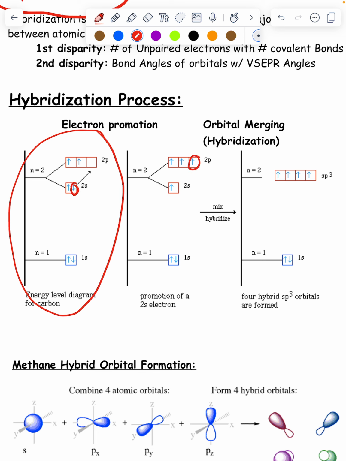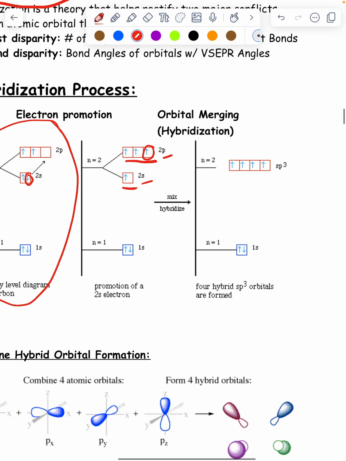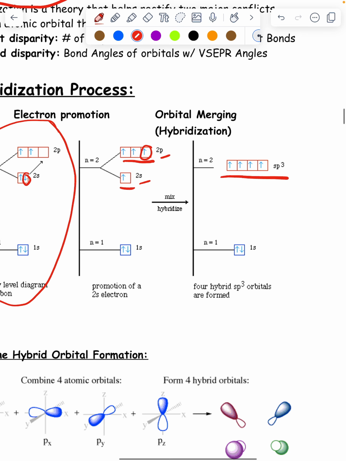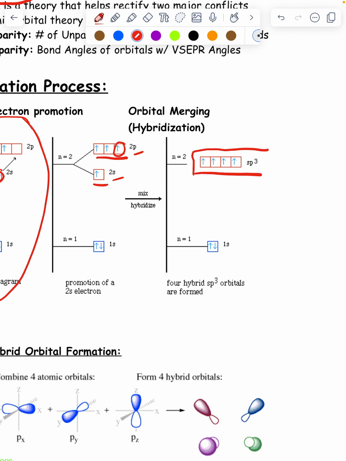And so now that gives us the 4 unpaired electrons that we associate with carbon when it's bonding, that it typically forms 4 bonds. And then the s orbital and the p orbitals can mix together to create up to 4 even orbitals. And these orbitals here, you can see, are shown having all the same energy. So these are the hybrid orbitals.